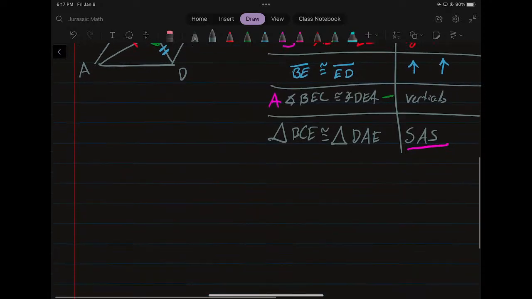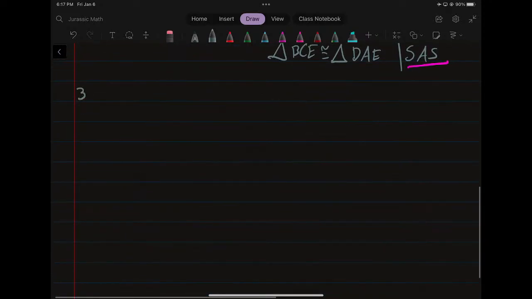My next type of proof I'm going to go over is a really interesting one with this program. It is called reasons only. So it actually just lets you work through a proof without actually having to come up with every single statement. You just got to come up with the reasons.